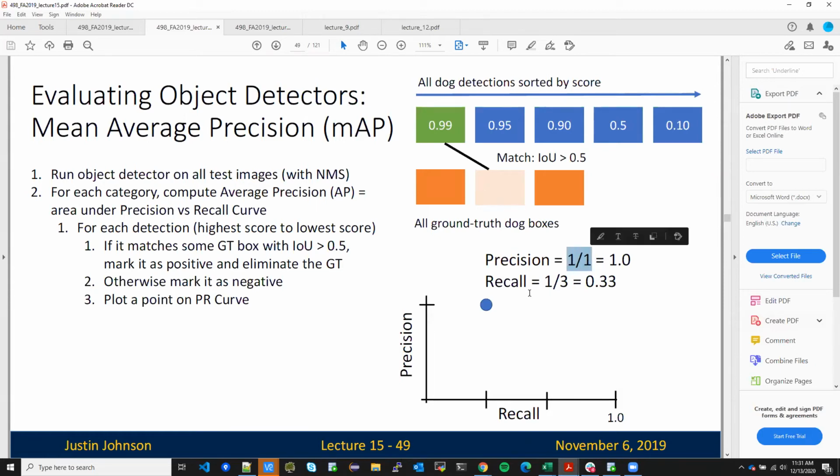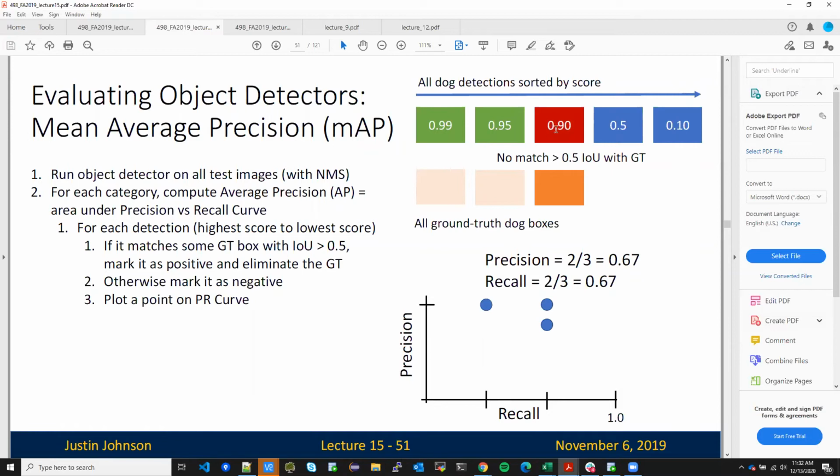The recall is one out of the 3 ground truth boxes. Let me show you one more point. Now we have two predictions, and we were able to get 2 ground truth boxes. So we got 2 by 2 precision, and the recall is 2 out of 3. Then you get a second point on this graph.